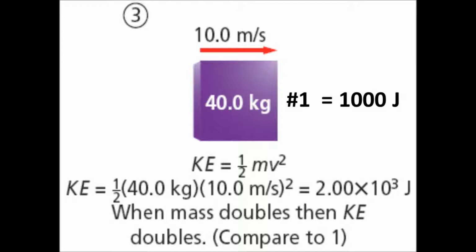It's a linear directness. So when I double the mass, I double the kinetic energy compared to number one. I have 1,000 joules as number one, 2,000 joules is number two. So mass and kinetic energy are also direct, but the type of direct relationship is called linear as opposed to parabolic.